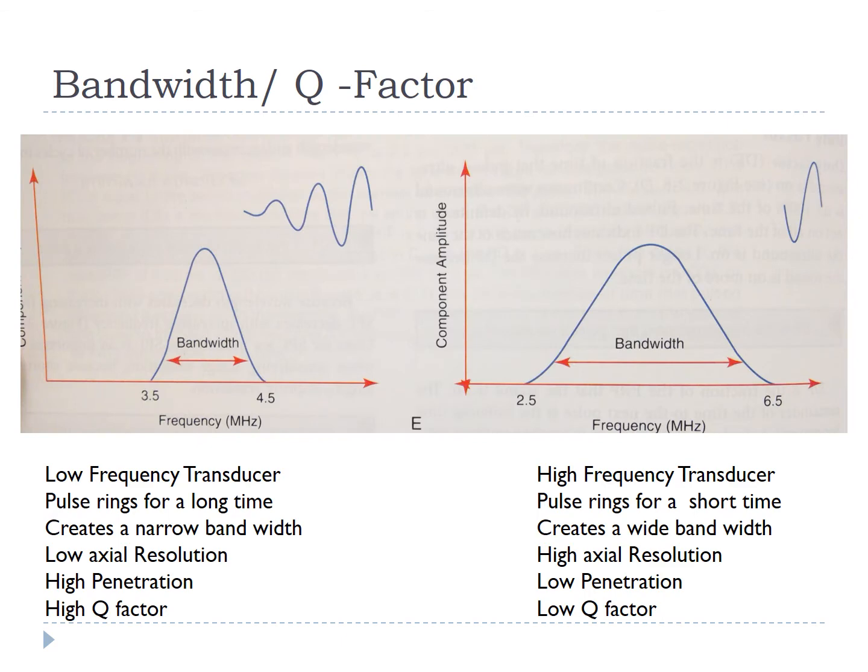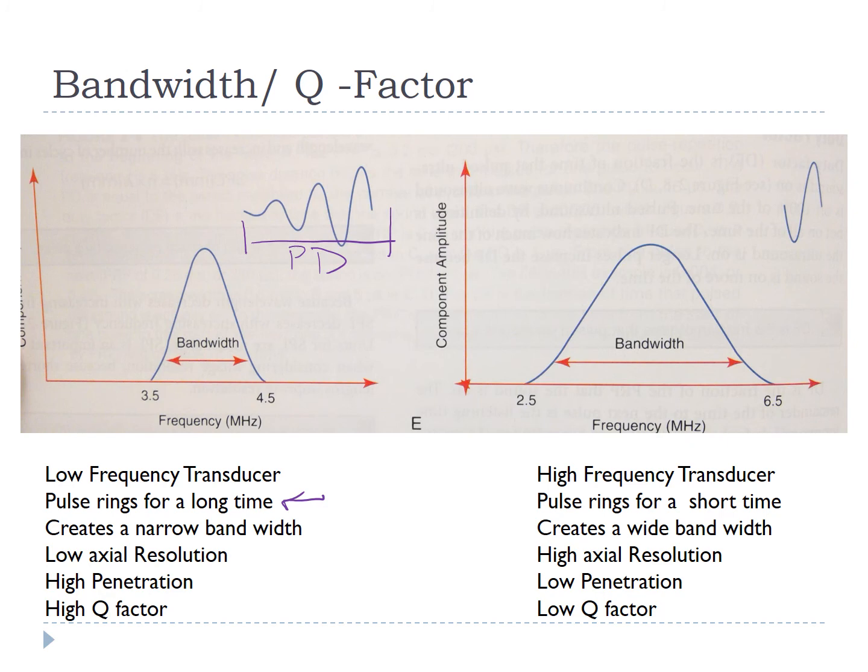So here's another look at all the information that I just presented to you. On the left side of the screen, we have our low frequency transducer. We have a long pulse duration here, which means that it is ringing for a very long time. When we have low frequency transducers, that pulse is going to last longer, so it rings for a long time. Low frequency transducers then create a narrow bandwidth.